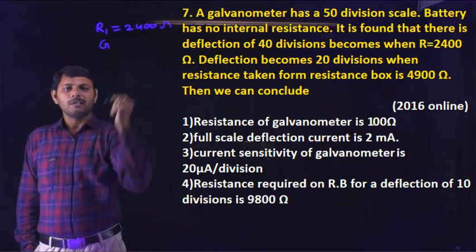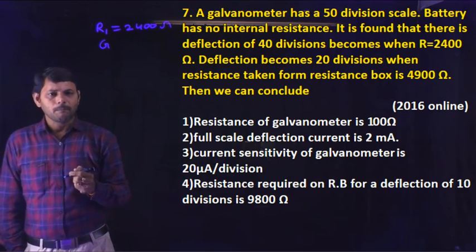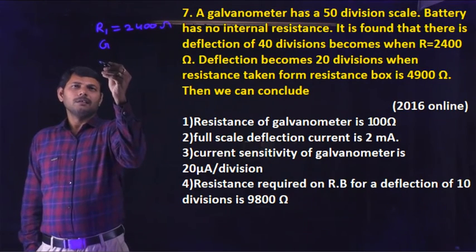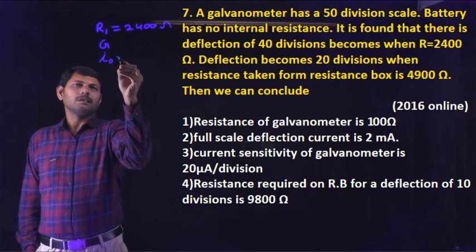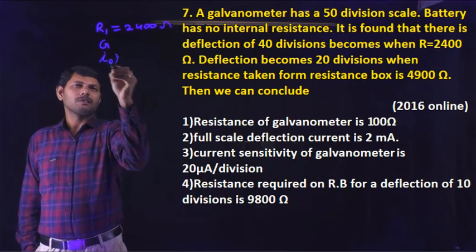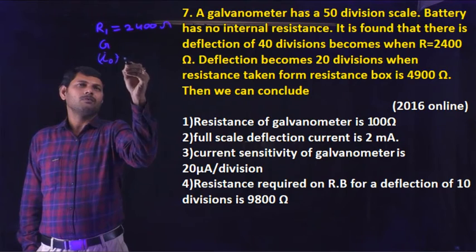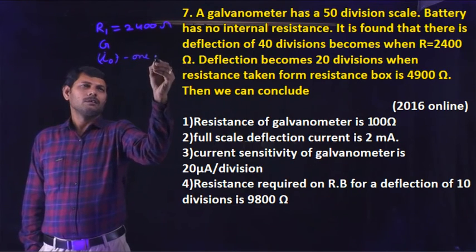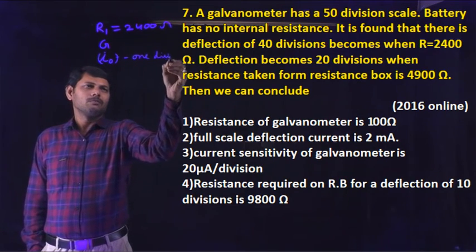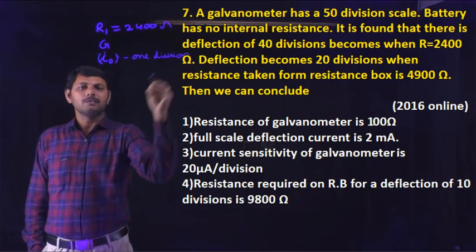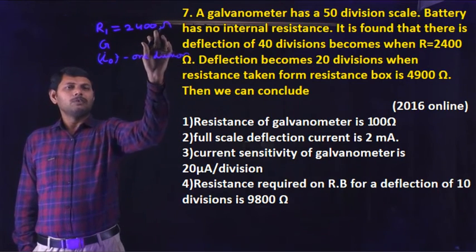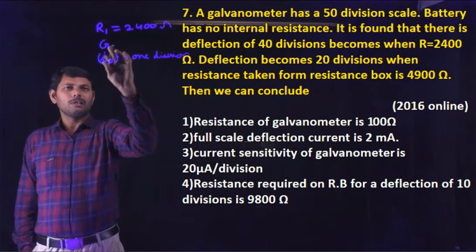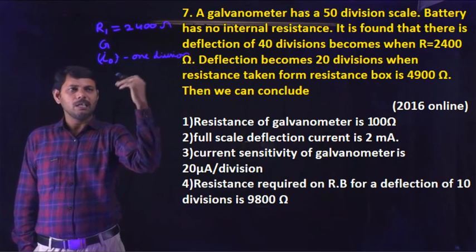Then the deflection is 40. Let us assume I naught is the current measured for one division. Now, when 2400 ohm is connected in series to the galvanometer, it shows 40 divisions.